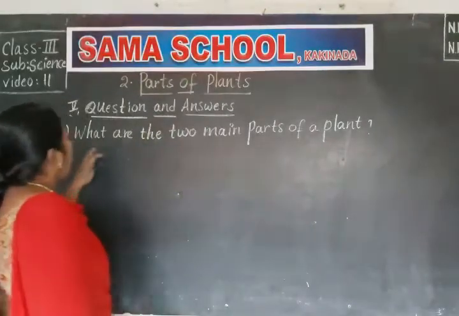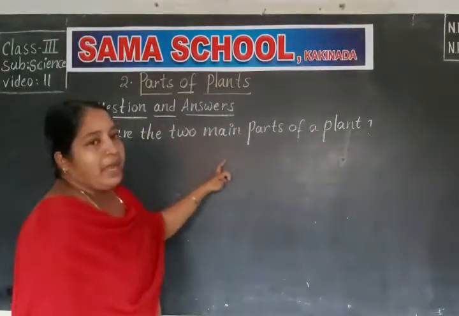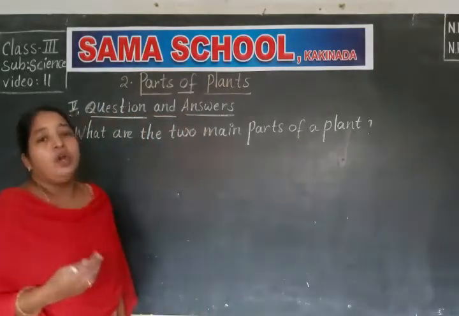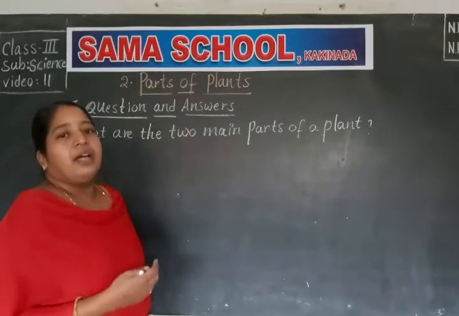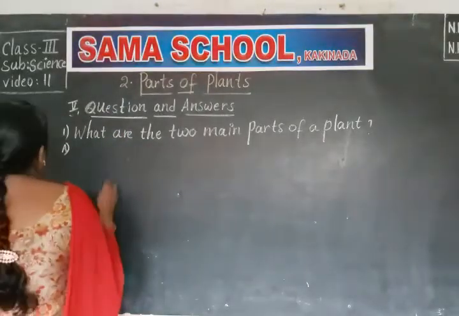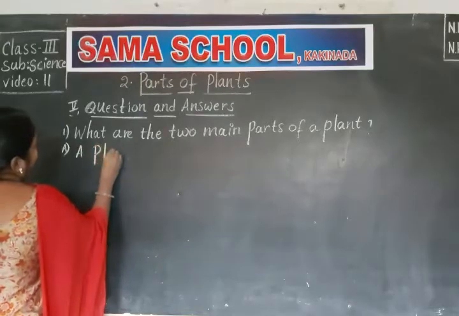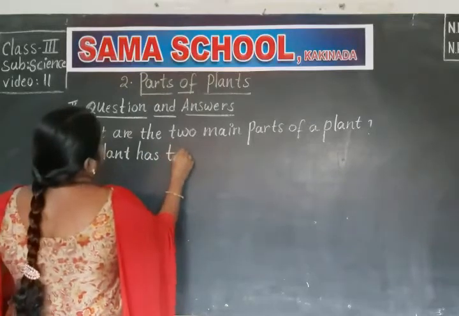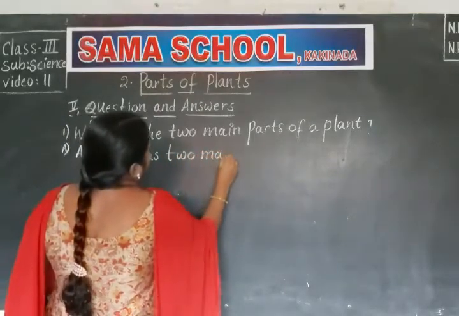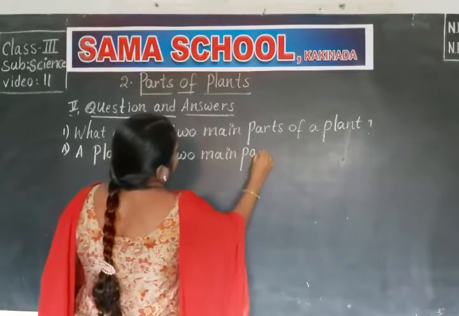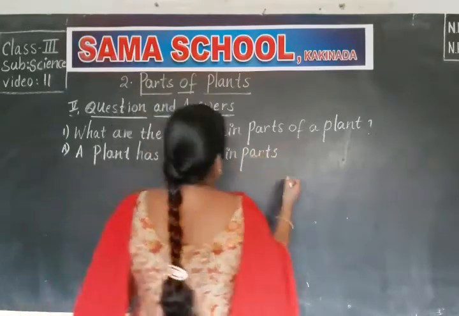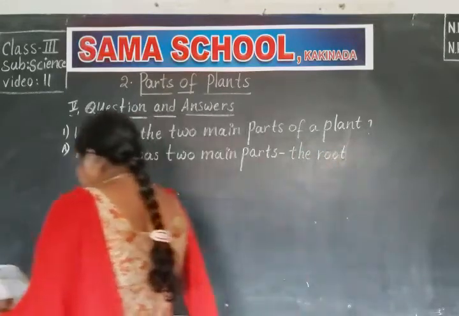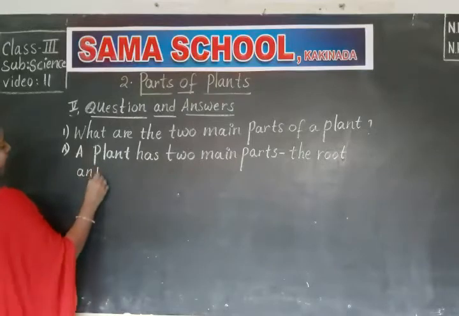So see the question, what are the two main parts of a plant? So the plant may be divided into 2 parts. One is root and the other one is shoot. Okay children? So a plant has 2 main parts, the root and the shoot.